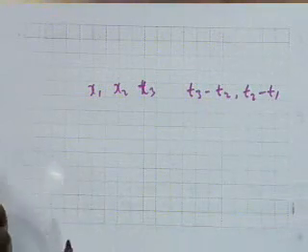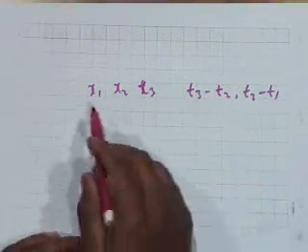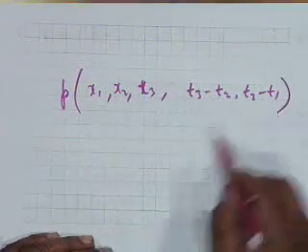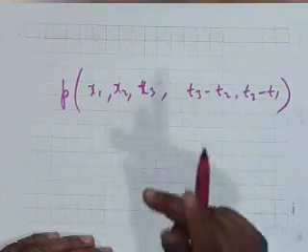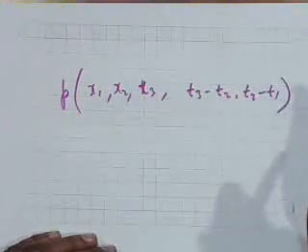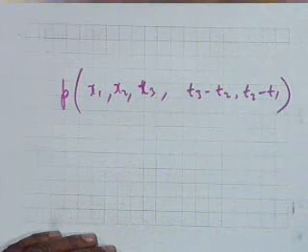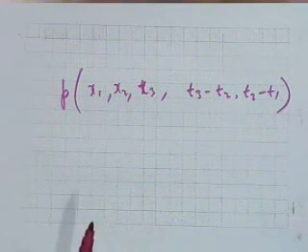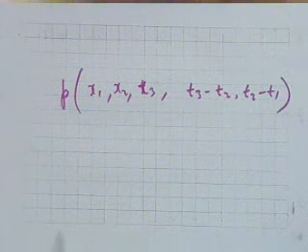Do I also require t3 minus t1? No, because that is fixed if these are fixed. So if the probability density function depends only on these intervals but not on the absolute values of t1, t2, t3, then the process is said to be stationary. And we shall be concerned in the rest of the course with stationary random processes only.